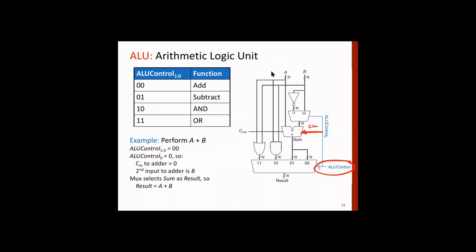When the least significant bit is 1, only then you are doing subtraction, and you are taking this least significant bit here. This is bit 0. When bit 0 is 1, this input is treated as Cin, because this same bit is going to both the mux and the adder here.